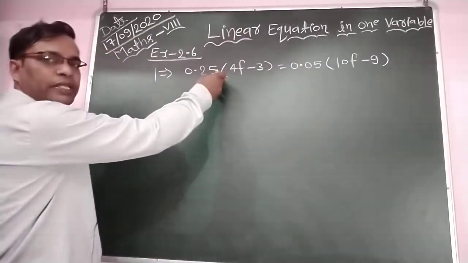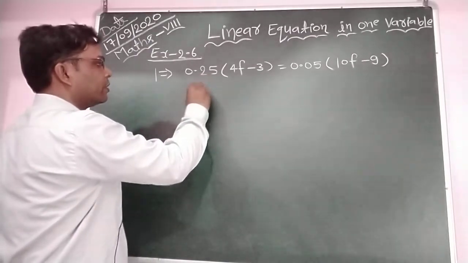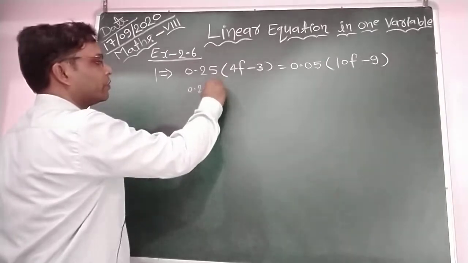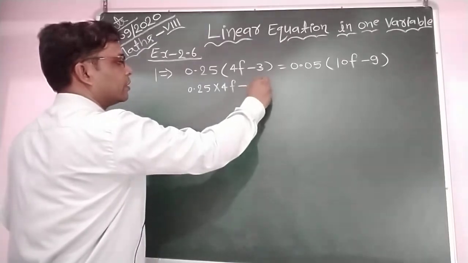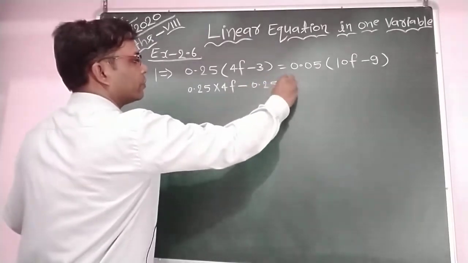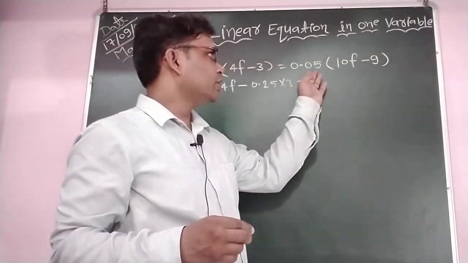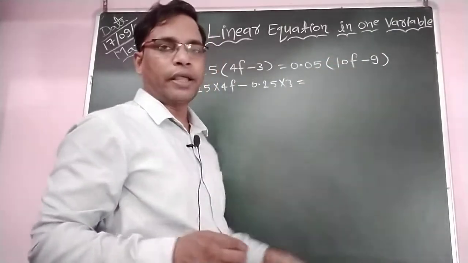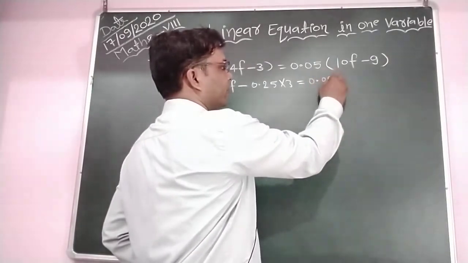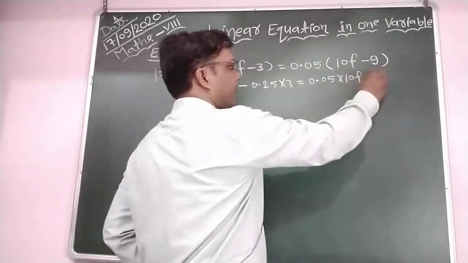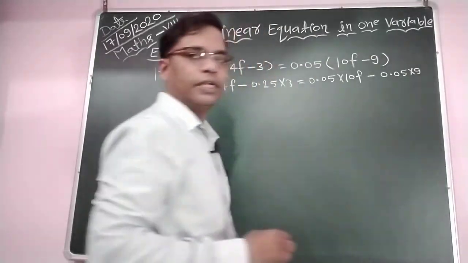For this, first we open the brackets. So you can write here 0.25 into 4f, minus 0.25 into 3, equal to, and on the right hand side we have 0.05 into 10f minus 0.05 into 9.